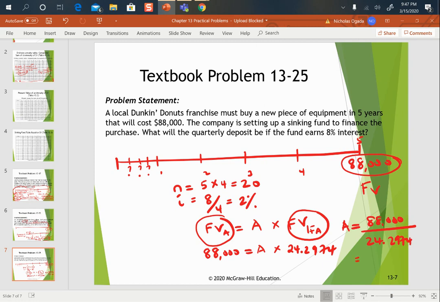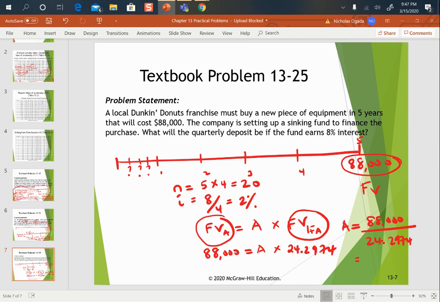Now I'm going to show you this in two ways. So if you take 88,000, divided by 24.2974.